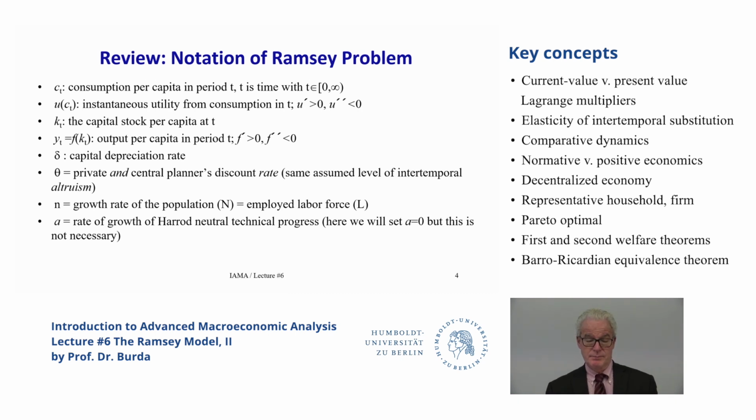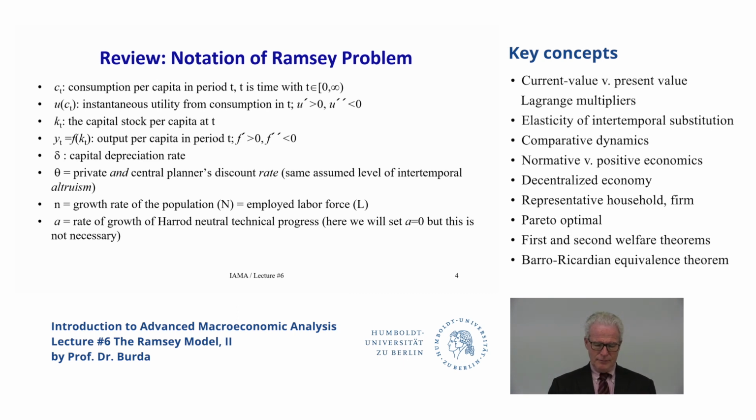Y is produced output per capita, and it's produced using an intensive form production function, which has its origins in neoclassical theory with constant returns to scale, meaning the first derivative is positive and the second derivative is negative. We're dealing with a concave production function. Delta is the depreciation rate on physical capital.